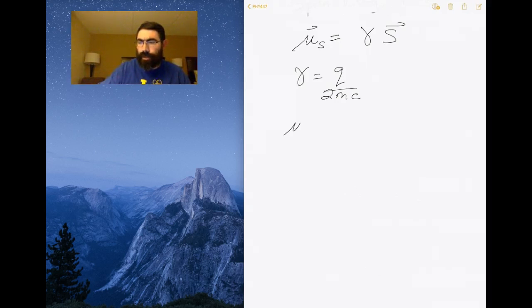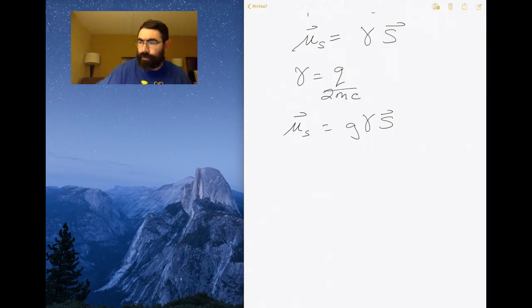So I would rewrite this as G times gamma times the spin operator. So I have this G factor, which shows how we're boosting the strength of the magnetic moment from the orbital to the spin gyromagnetic ratio.